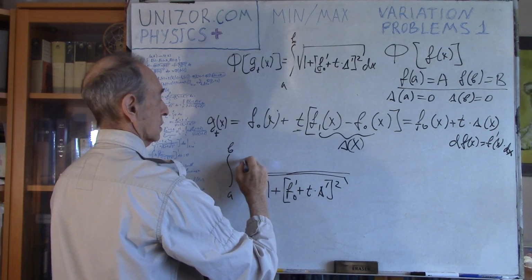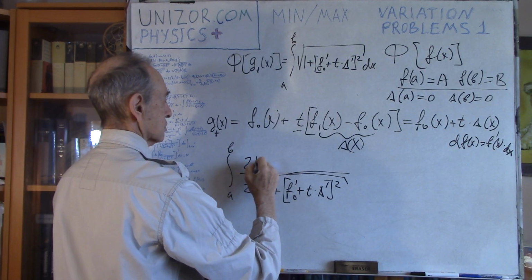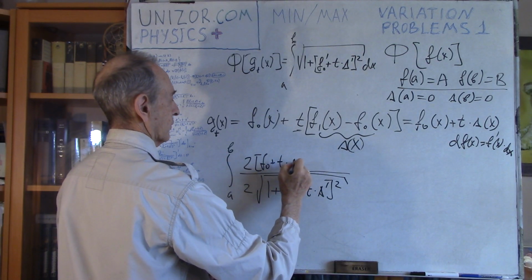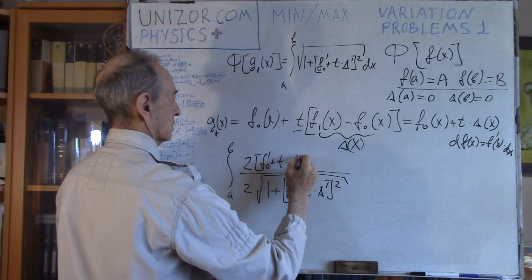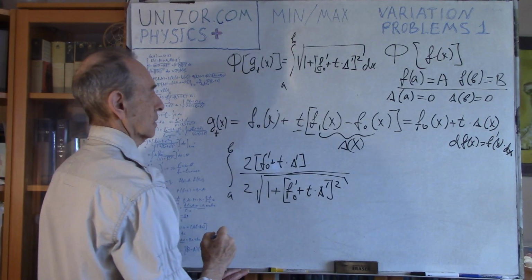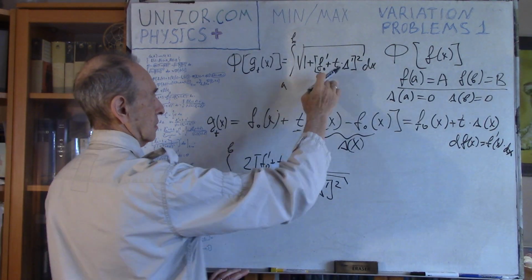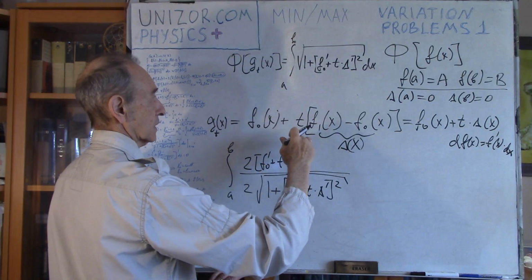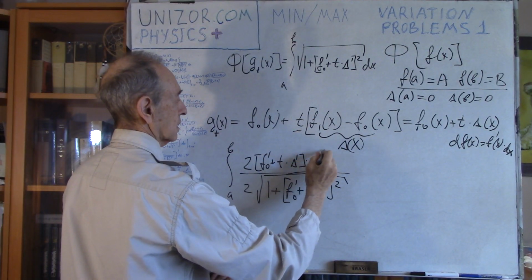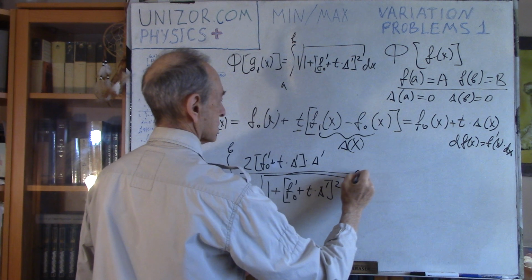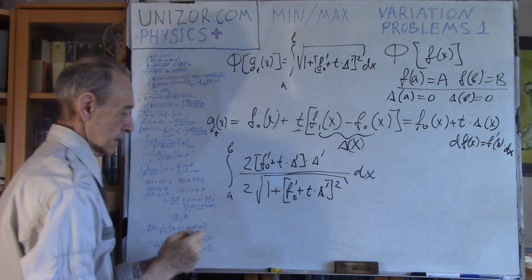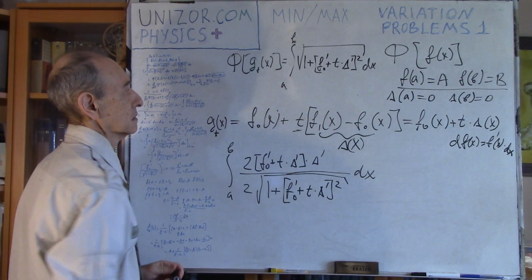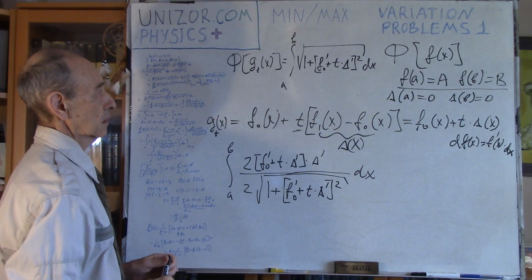This is a power of 2, so it's 2 times (f0 prime plus t delta prime), times the derivative of the inner function again, which is delta prime, dx.